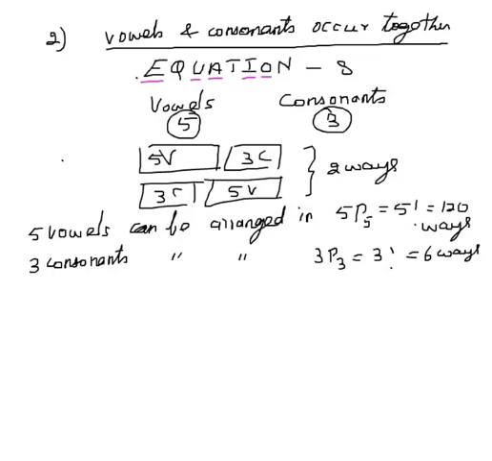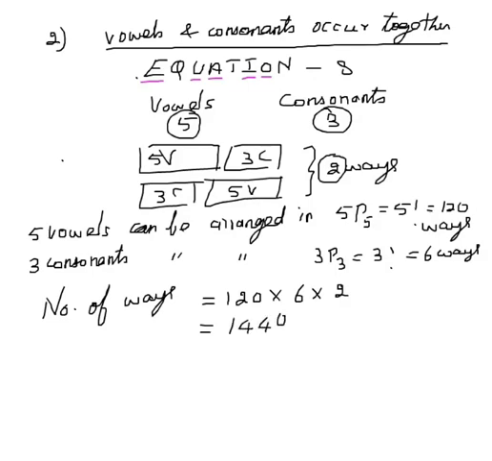So consonants can be arranged in 6 ways. And to arrange vowels and consonants or consonants and vowels, we have 2 ways. Therefore, total number of ways in which vowels and consonants occur together is equal to 5 factorial, that is 120 times 6 times 2. 12 12s are 144 and 0. 1440 is the answer.